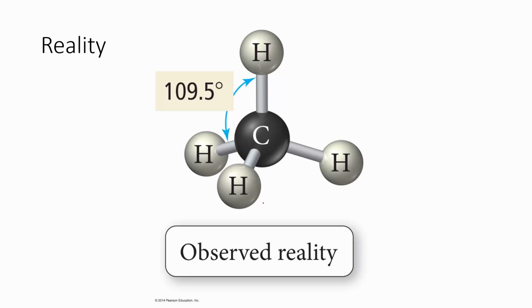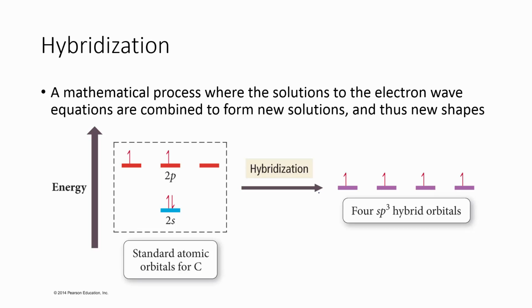Now, that would be a theoretical prediction with unhybridized orbitals. What we really see, though, is a tetrahedron formed, like we have been talking about when we have talked about shapes, and that leads to angles of about 109.5, which is a nice symmetric tetrahedral arrangement of atoms. So what's the difference here? What's going on differently is we are actually getting a hybrid set of orbitals where we've combined the s and the p orbital in their wave equations from chapter 7, and those are combined to form new solutions and thus new shapes at a new energy level.